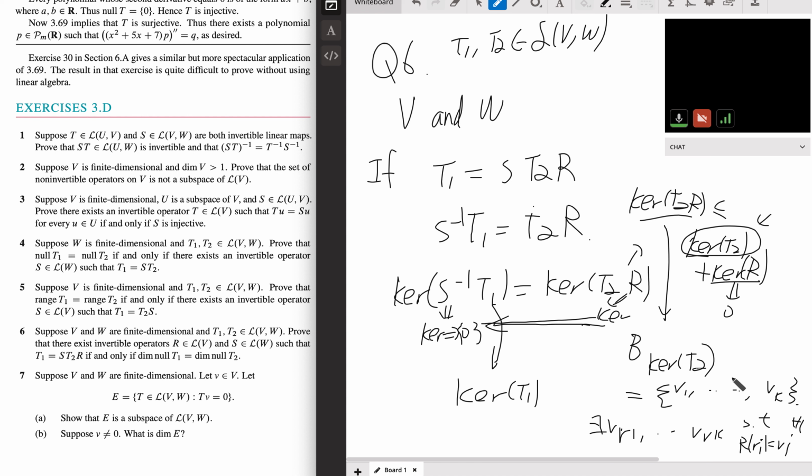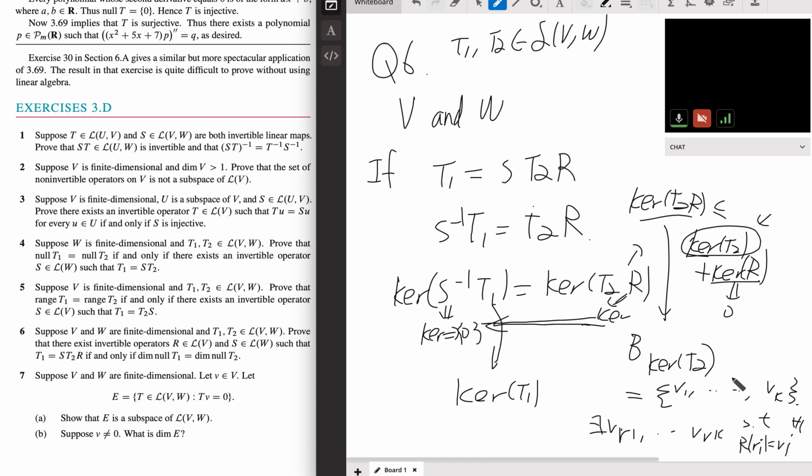But even if you ignore that fact, if there's a linear combination that adds the vr1 to vrk to 0, there will also be one that adds the v1 to vk to 0, since a linear transformation preserves linear combinations like that. So in fact, vr1 through vrk must be linearly independent.